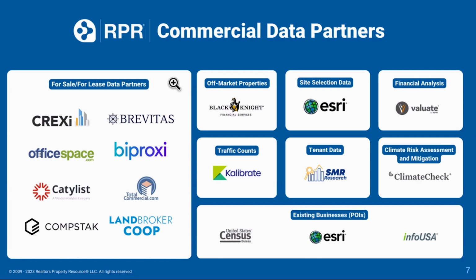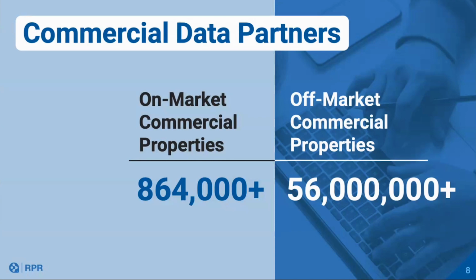So we're going to take a little bit deeper dive into that, but also just between off-market properties and being able to do site selection and those sort of things, you'll see just an abundance of information. So RPR has over 800,000 on-market commercial properties that are available for you to view across the country, whether that's a retail strip center or a medical office building or a large multifamily property.